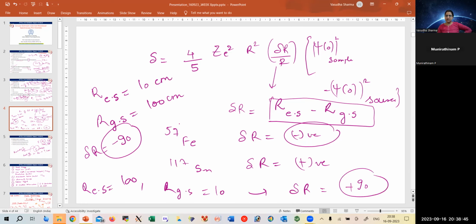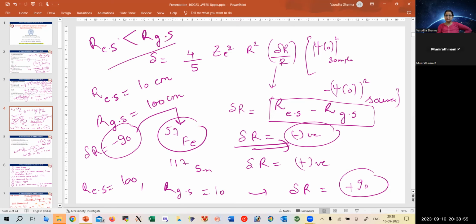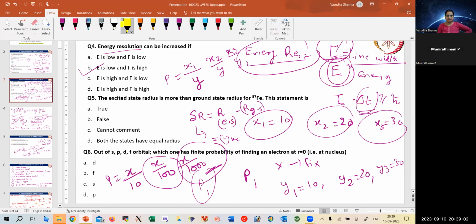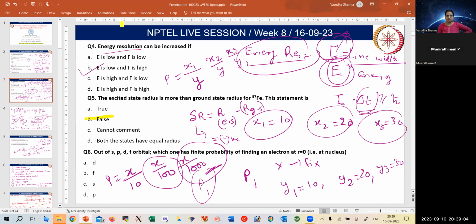We already said that in the case of iron 57, the delta R is negative, that means the excited state nucleus radius is less compared to the ground state. So that's why the option here is false. False, right? Understood?